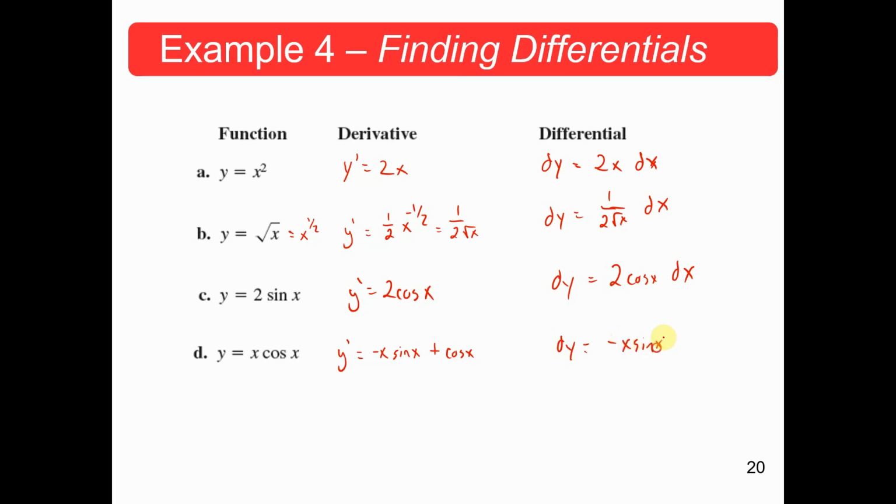Negative x sine x plus cosine x, all quantity dx. Okay, it's kind of important that all of that is being multiplied by dx, okay? For 1/x, we know y prime is just negative 1/x squared, and we know that dy is going to be negative 1/x squared dx.